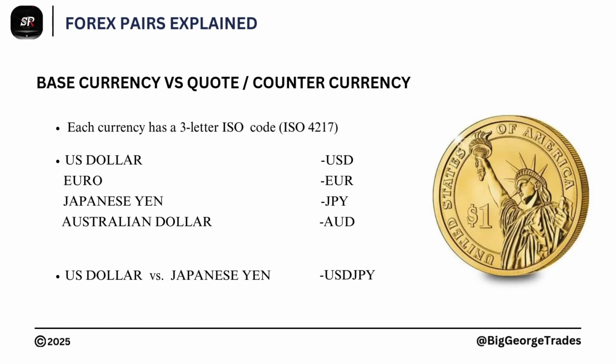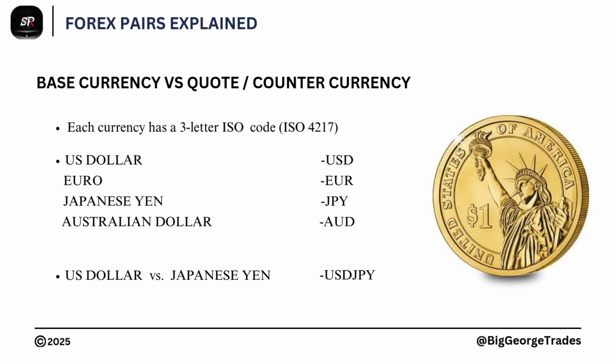There's one way to look at this: we have the base currency versus the quote or the counter currency. Each currency has a three-letter unique ISO code, which is what we term the ISO 4217. So the US dollar has an ISO code of USD, the euro EUR, the Japanese yen JPY, and the Australian dollar AUD.